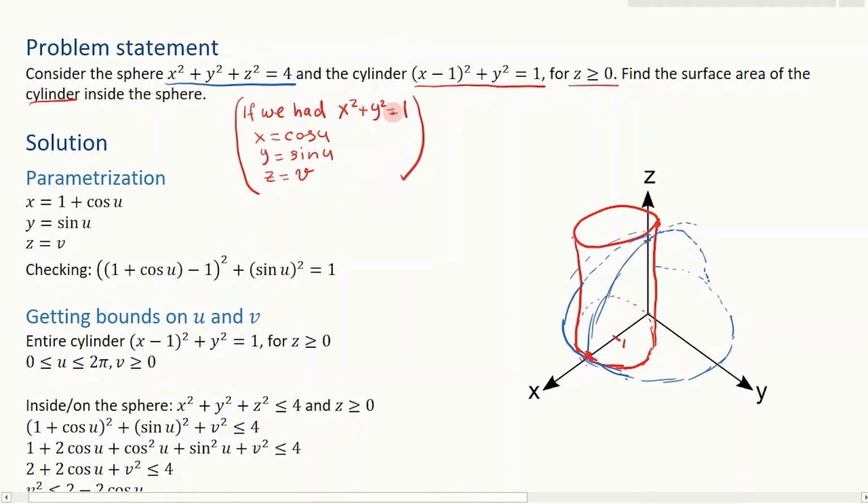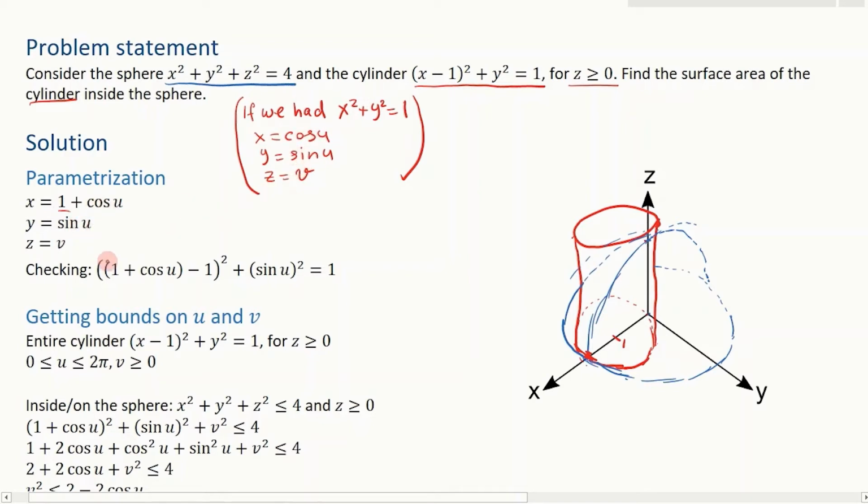But we don't have this cylinder. We have a cylinder that's shifted in x by 1 unit. So we need to add 1 to the x coordinate. So I have 1 plus cosine u, sine u, and v.